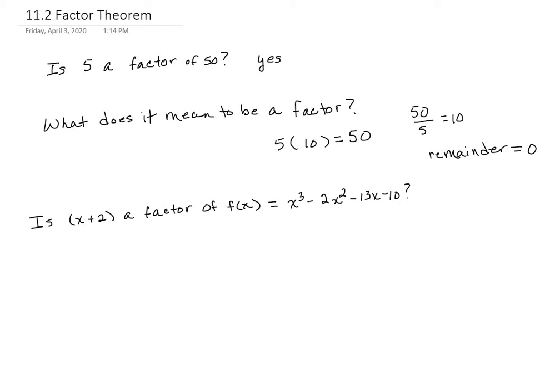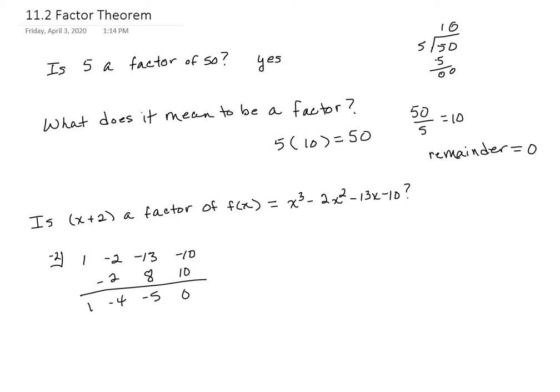So how are we going to figure out if my remainder is 0? Well, up here with this 50, I did 50 divided by 5. And if you wanted to do that out with long division, you can. 5 goes into 5 one time, right? So we could do the same thing here. We can use long division or we can use synthetic division. So I could use synthetic division with -2 in my box, 1, -2, -13, and -10 with my coefficients.